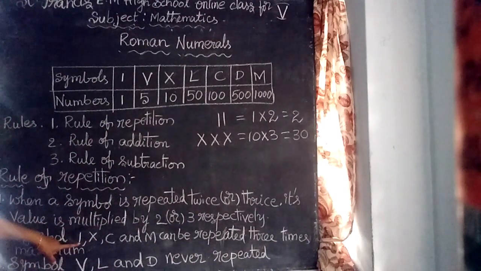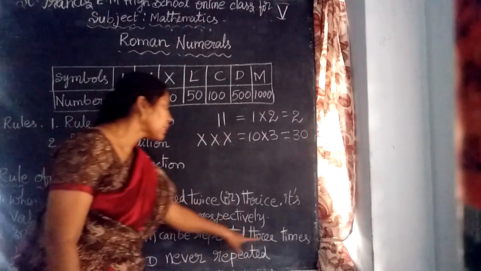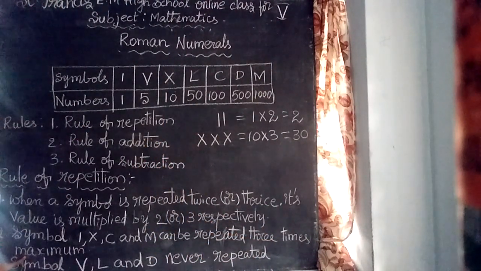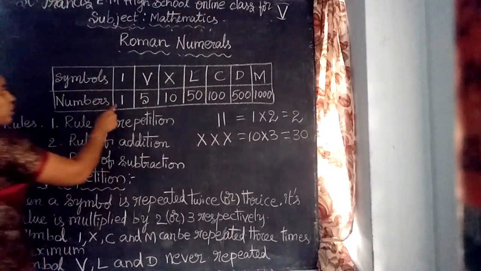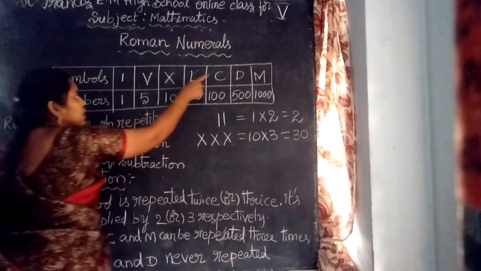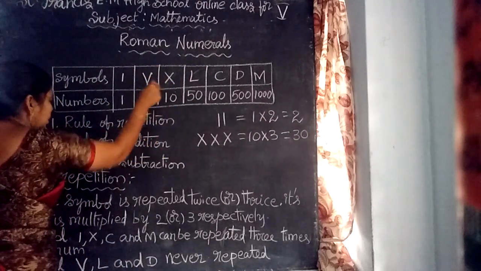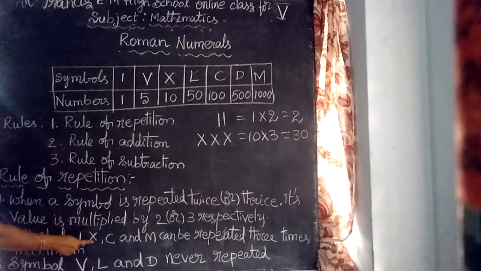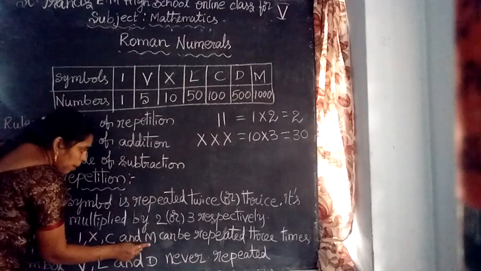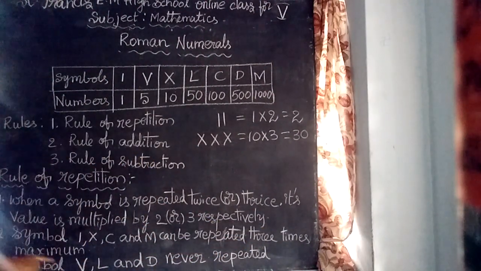Symbols I, X, C and M can be repeated 3 times maximum.